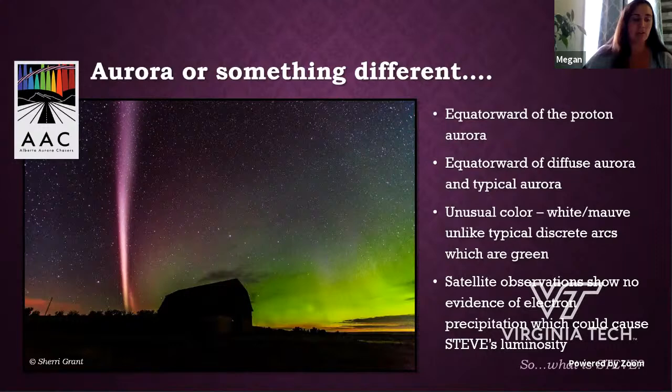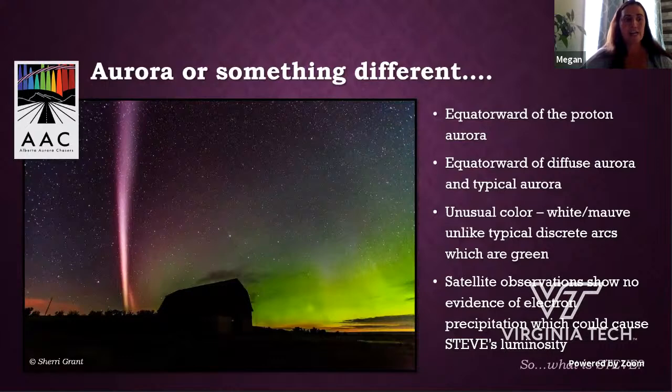And these are differences from what we would expect from aurora. What we don't see in this picture, but what has been talked about quite a bit today, is that satellite observations of Steve have also shown that there's no evidence of auroral precipitation which would be enough to cause Steve's incredibly bright luminosity.